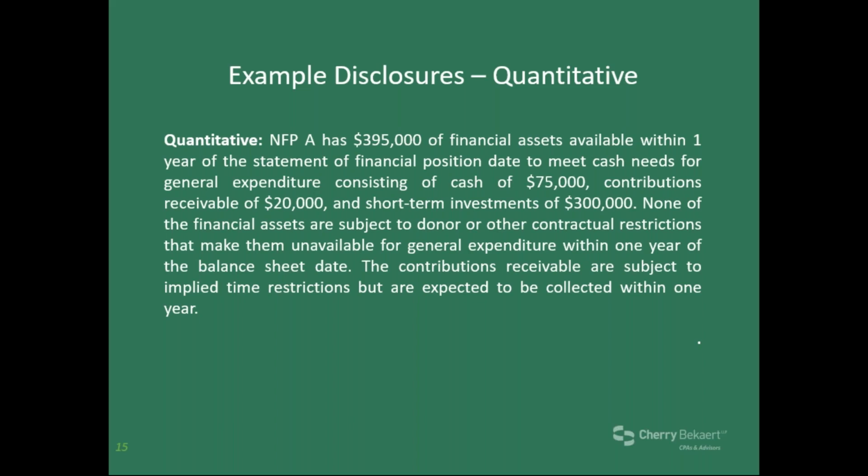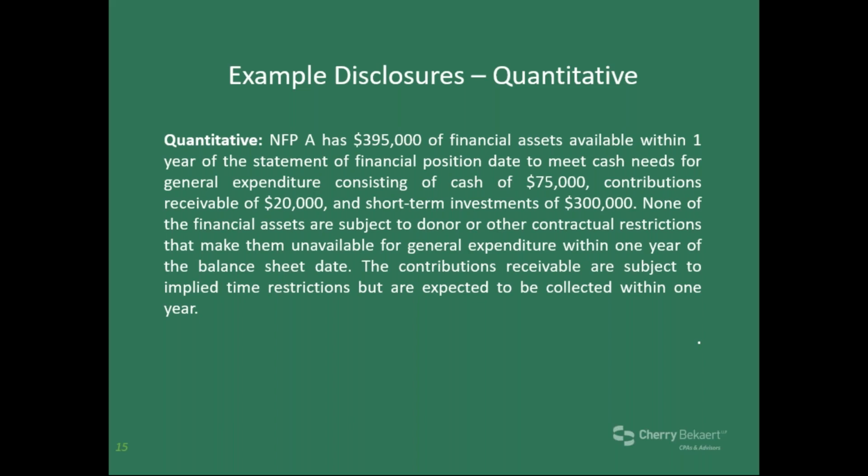It also discusses some implied time restrictions in contributions receivable, basically stating that the amounts included are expected to be collected. So this is one example of how to present it if you want to use words.